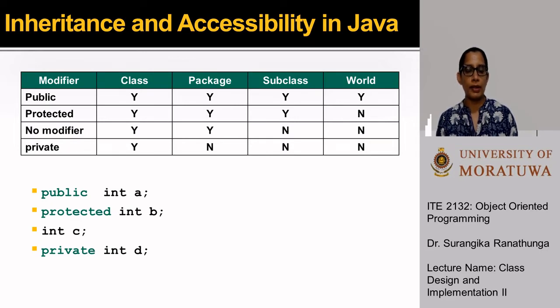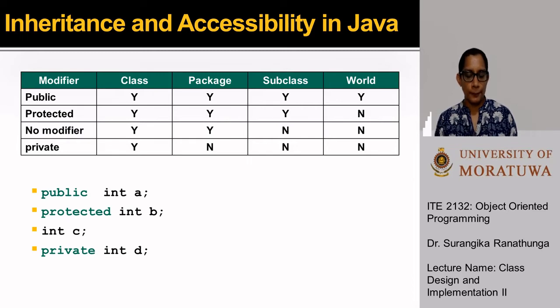For example, if there is the access modifier public, whether it's a method or an attribute, it can be accessed only within the class itself. But we'll start with the public one. Sorry, I made a mistake.